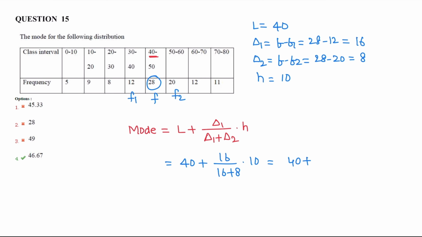So 40 plus 16 by 24 into 10, that is 40 plus 20 by 3, which is 40 plus 6.66, that is 46.666. This is the mode for the given grouped distribution, 46.667. Correct option is 4.